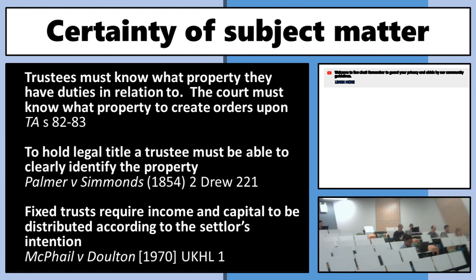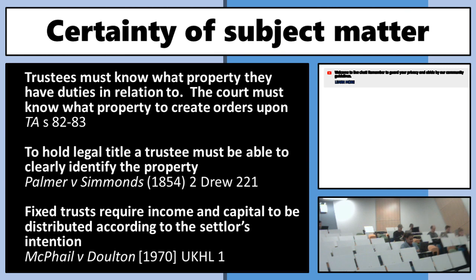But in order to move title for stuff, you have to know what the stuff is. And so the stuff doesn't have to be described to the minute detail, but it must be ascertainable. So in order for there to be a trust, you have to know what the property is. You don't have to list it, it has to be identifiable.